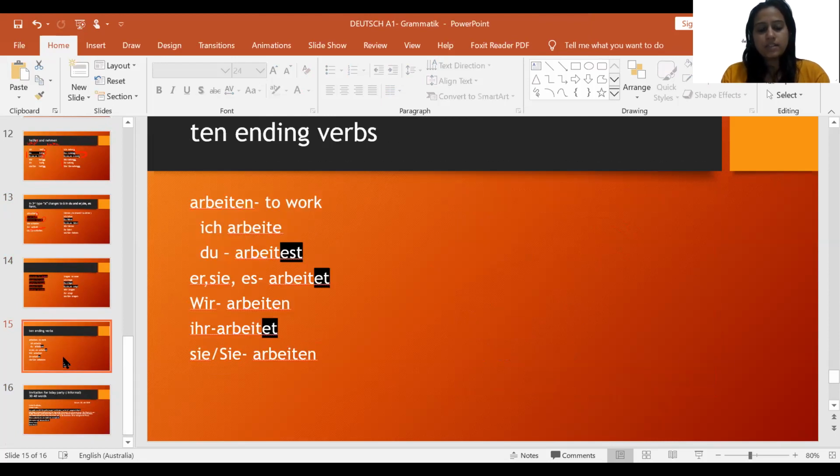So that's it for today. I covered the second and third parts, that is vowel change verbs, in two forms. All you need to do is a lot of practice. Verb conjugation comes with a lot of practice. It's very important that you practice so much that your subconscious mind, when you're speaking with someone, doesn't have to calculate or think so much.